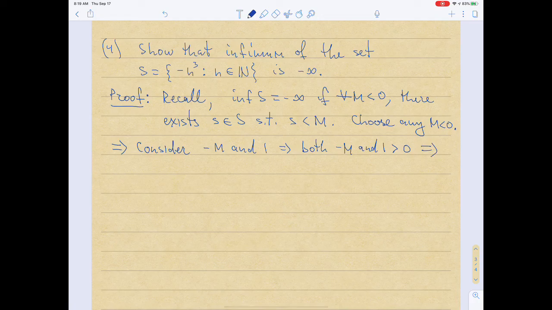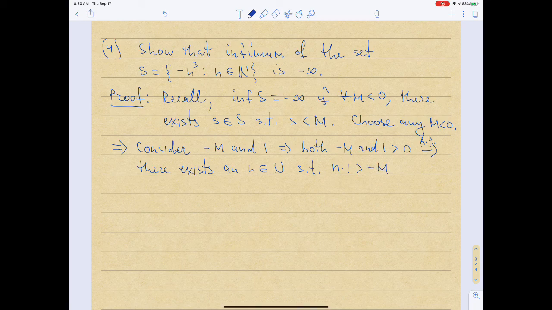So then by the Archimedean property, I can conclude that there exists an n, which is a natural number, such that n times 1 is bigger than minus M, right?